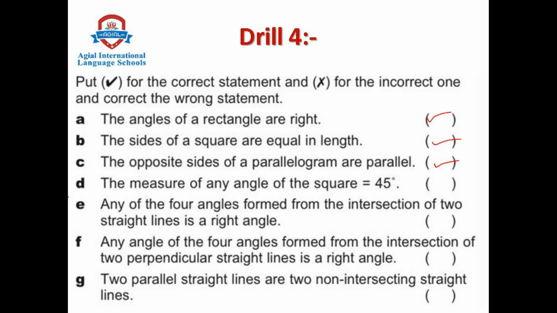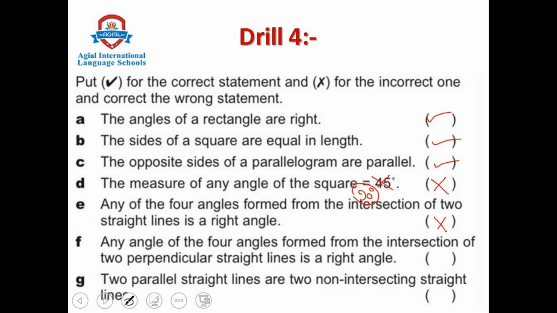Letter D, the measure of any angle of the square is equal to 45. No, of course not. We studied that it equals 90 degrees, so this is wrong and it will be 90 degrees.